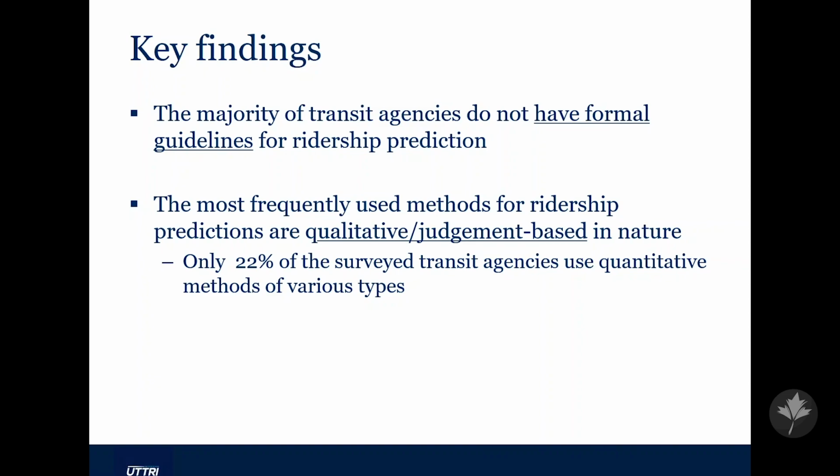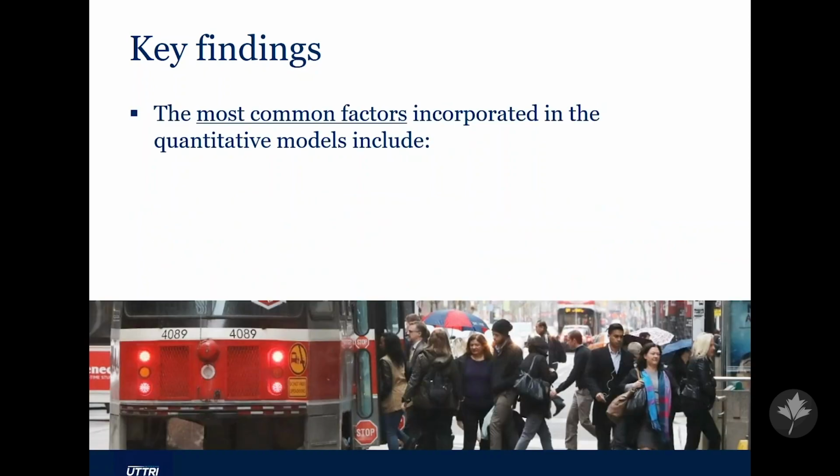And whenever those are used, they were mainly used by big transit agencies. Of course, this is on the aggregate. There might be cases where smaller agencies use sophisticated methods, but on the aggregate, those were the results.